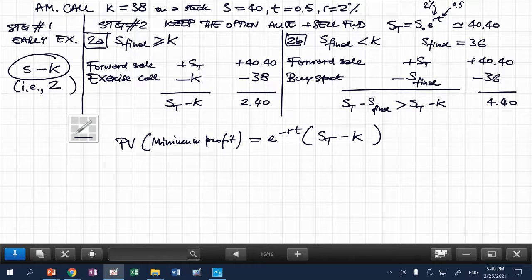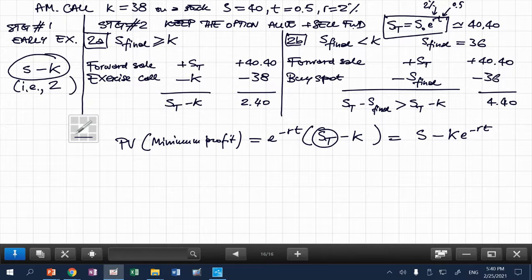If you discount just for 6 months, just the 2% is going to be around 2.38 or something, okay? But let's use the formula because this is clearer. How can I show that this is more than what I get from strategy 1? Because if I substitute in ST the formula for ST, this is equivalent to write S minus K discounted, okay?